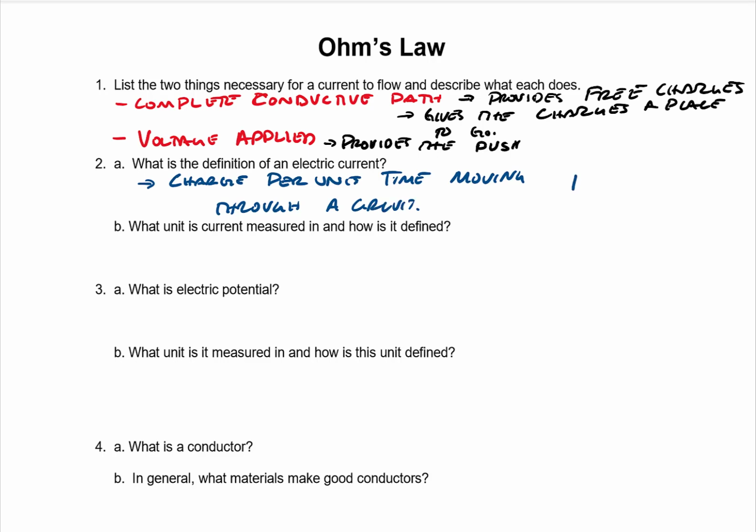So current is the change in charge over the change in time. Current is measured in amps. And if we look at the relationship we just wrote down, 1 amp is 1 coulomb per second.